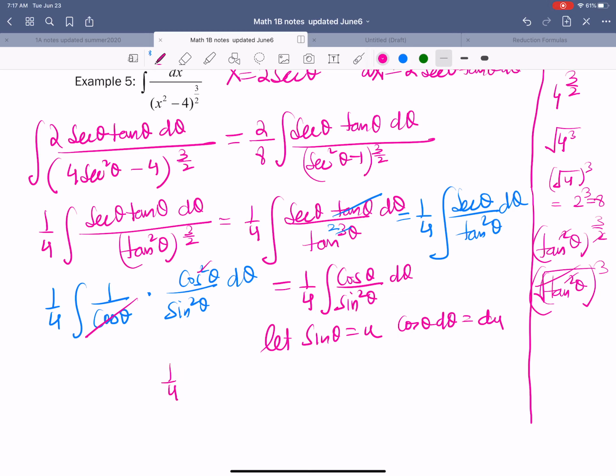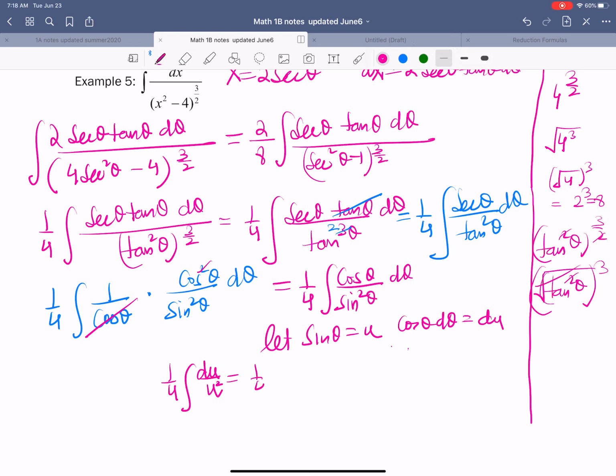So we have 1/4 integral of du over u, which turns out to be 1/4 natural log of u plus c. No, I'm so sorry, this was sine squared theta. My bad. So this is not u in the denominator. We have u to the second power in the denominator.